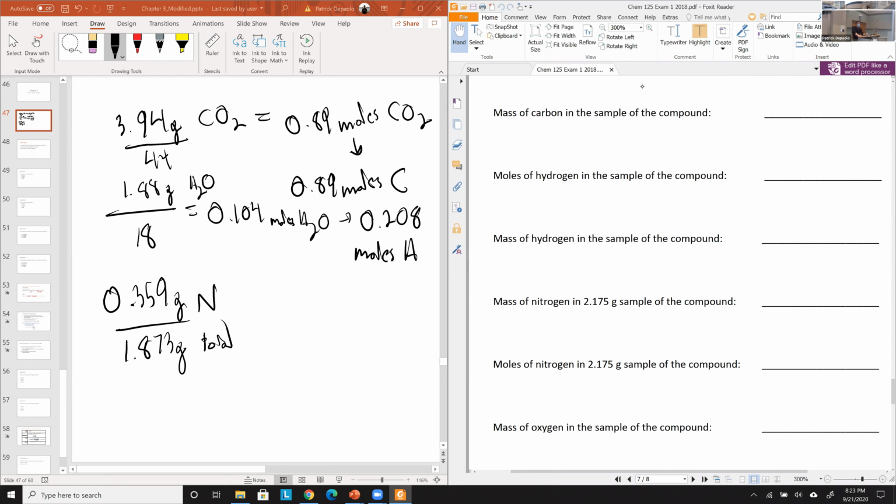Now, the mass of nitrogen in 2.175 grams of the sample.